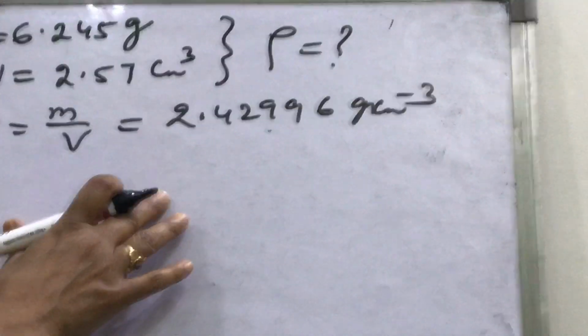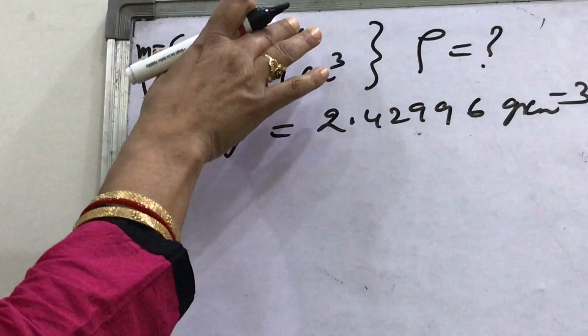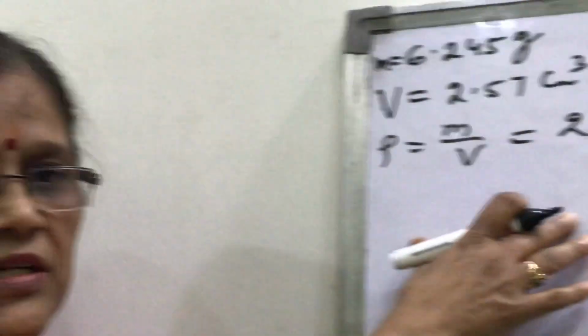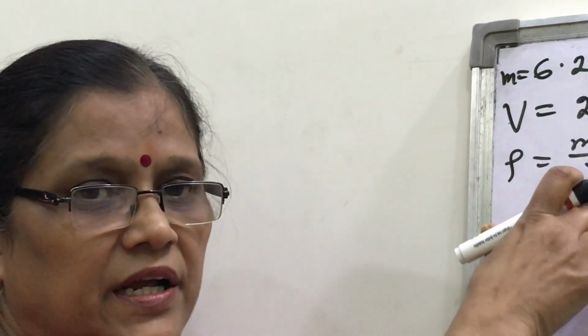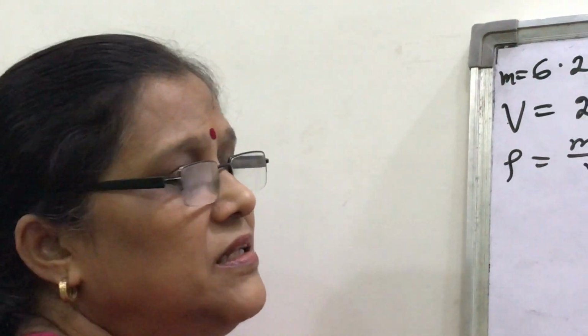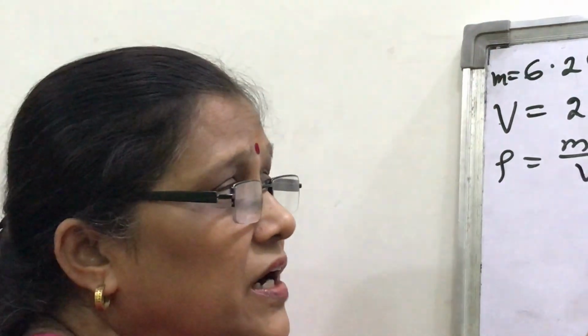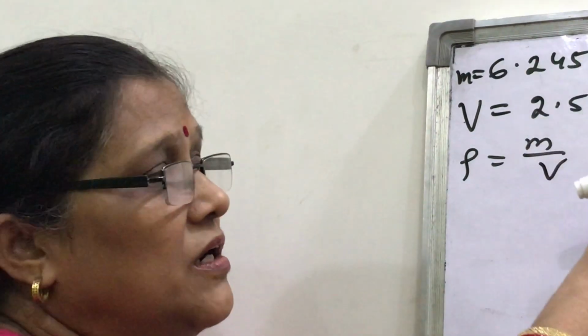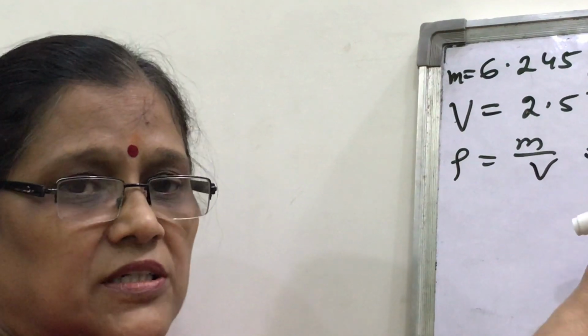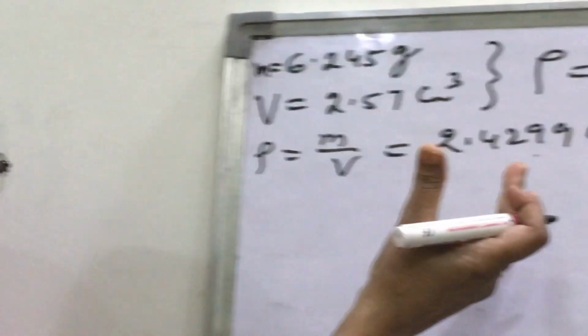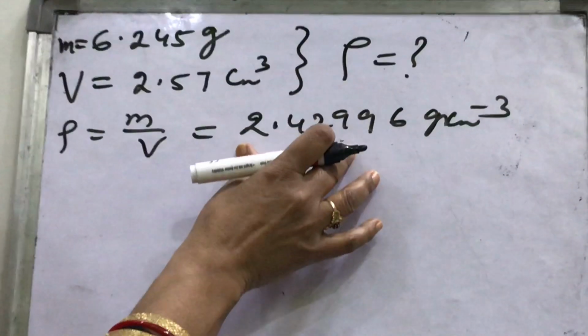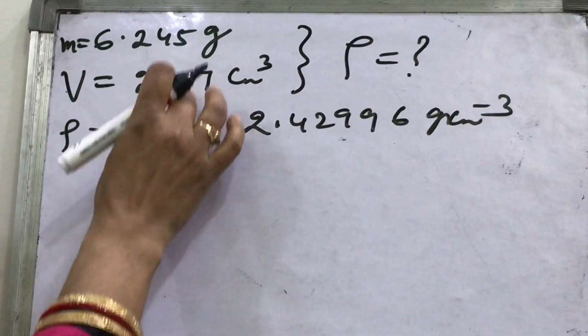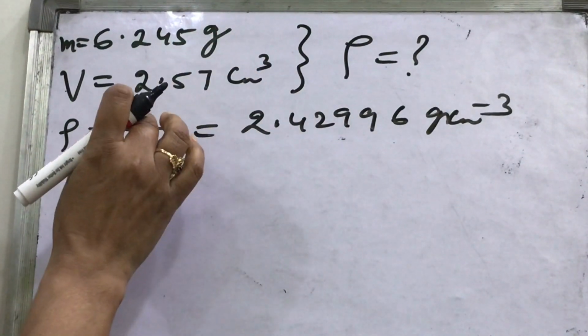That's the rule here: in product and division, the answer is written in such a way that it should contain the number of significant figures, how many? Those which are least in the given numbers.